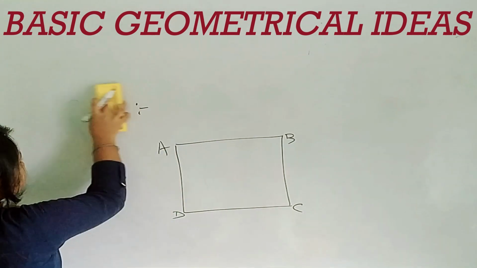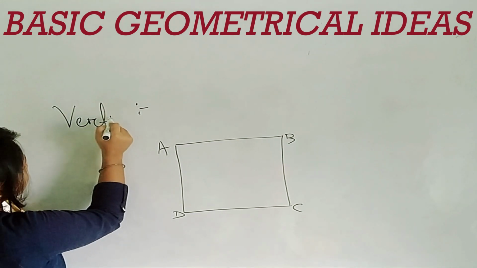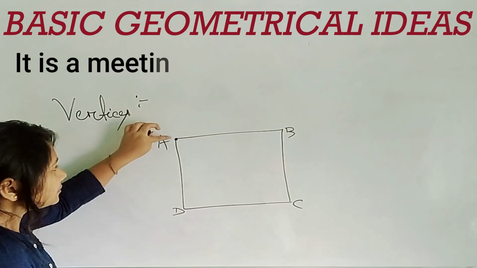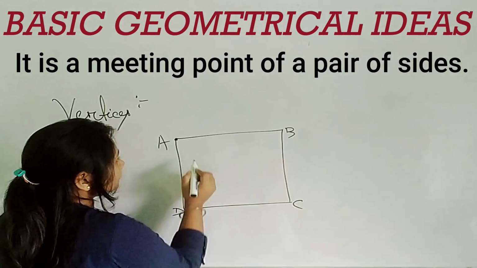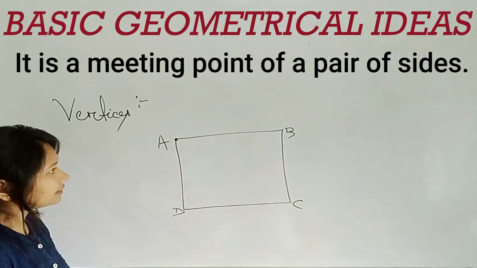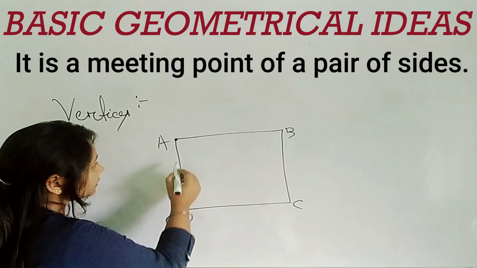Vertices means the meeting point of a pair of sides. Here AB and AD are a pair of sides and the meeting point is A. Okay.